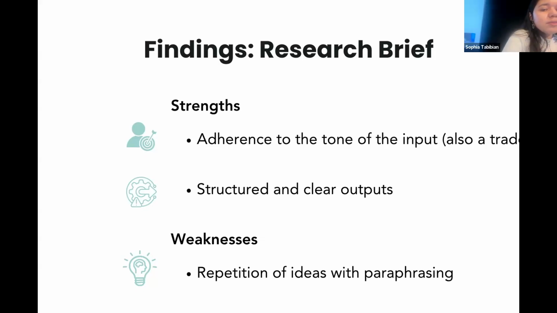Another strength is that it gave me really structured outputs. It really separated the risks and the opportunities. And the weakness is that it repeated a lot of information with paraphrasing, which is bad for analysis.